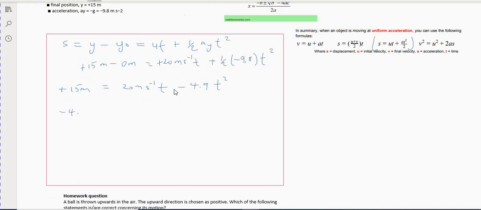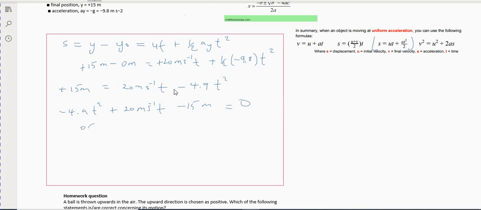negative 4.9 t squared plus 20 meters per second t minus 15 meters equal to 0. There are different ways we could have written this.